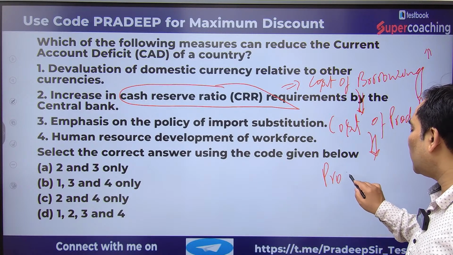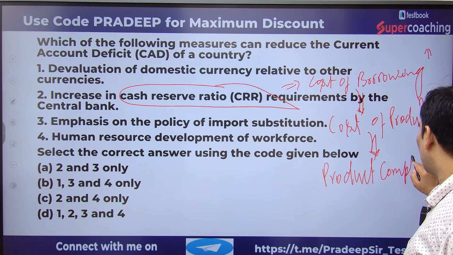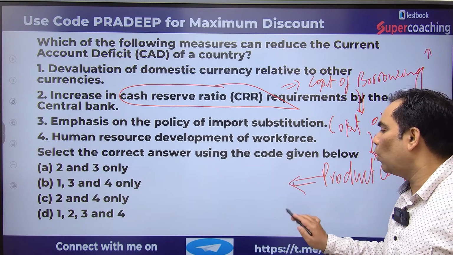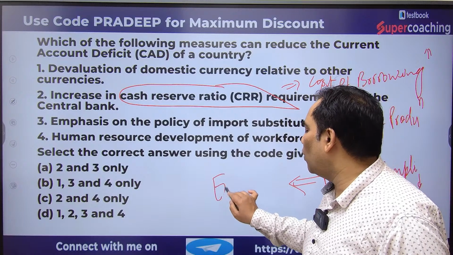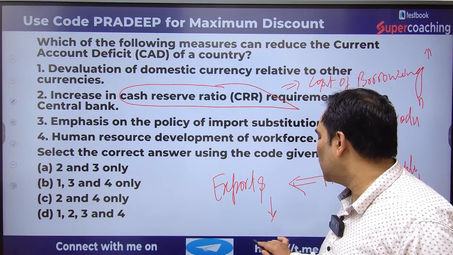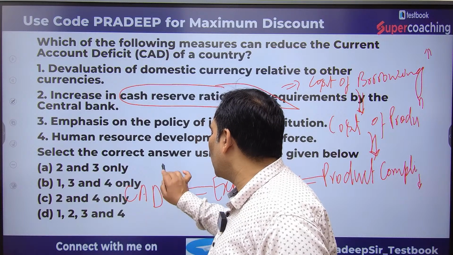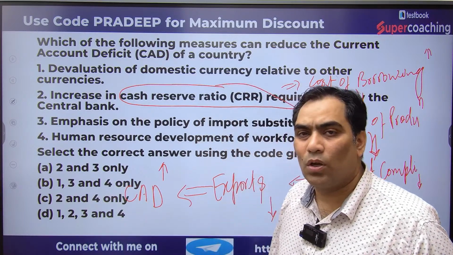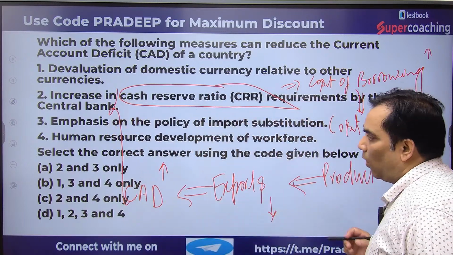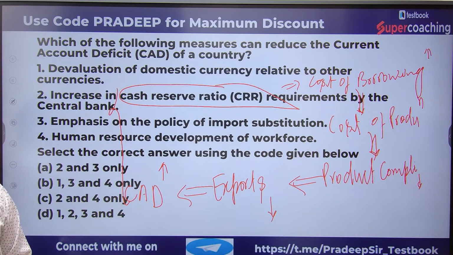That means product competitiveness is going to reduce. If the product competitiveness is going to reduce, our exports are going to reduce. If the exports are going to reduce, then CAD, the current account deficit, is going to increase, not going to reduce. Although both are absolutely correct, this is more appropriate.